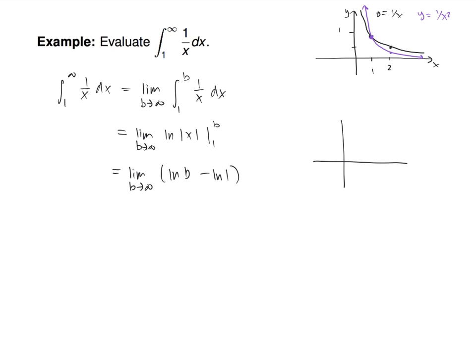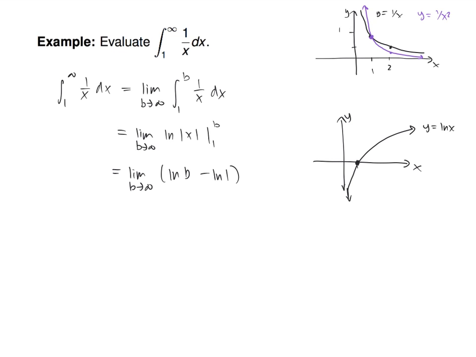What does the natural log function look like? What's one point it goes through? 1, 0, yep. And it looks like this, right? The y-axis is a vertical asymptote. Thou shalt not log negative numbers or 0.